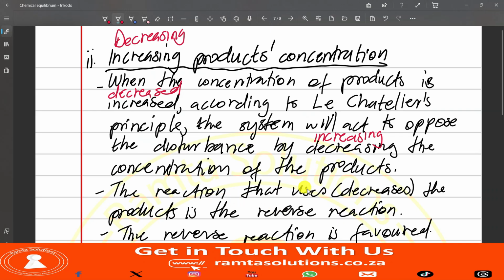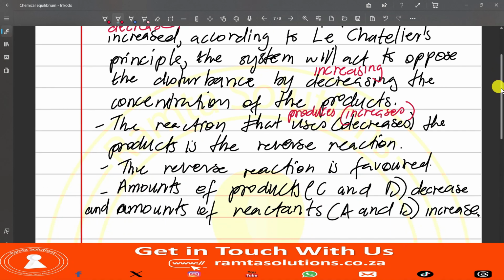The reaction that uses, I'm going to say produces, or increases the products is the forward reaction. The forward reaction is favored.